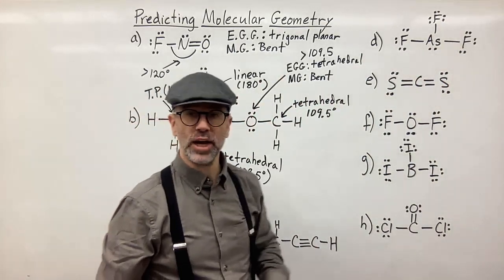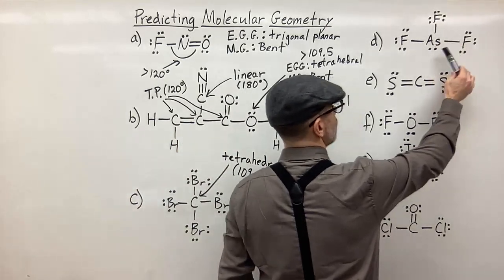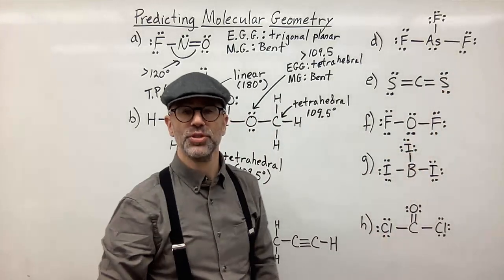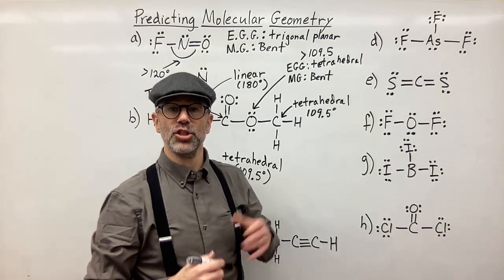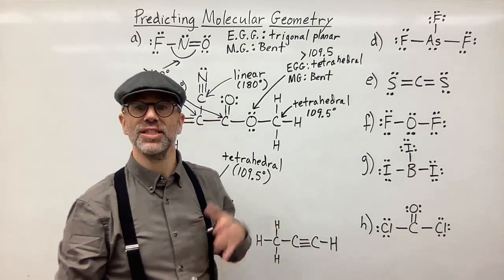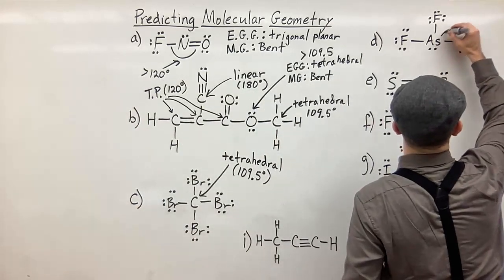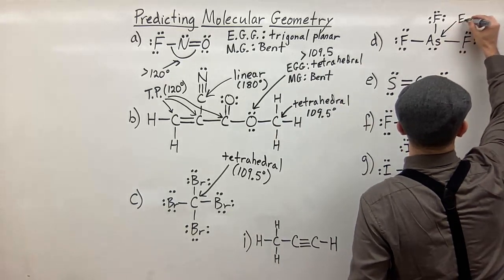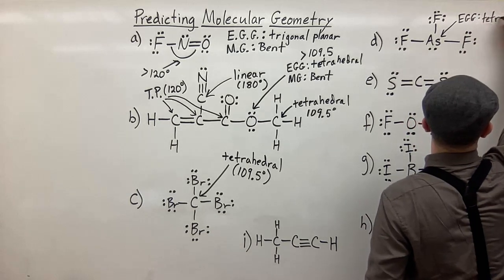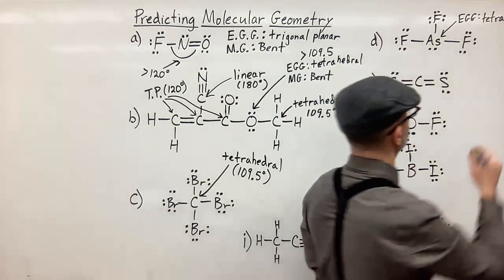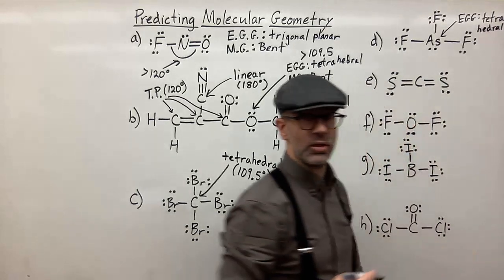Okay, so now that I've got the right Lewis dot structure here, you'll see here that I have 4 total electron groups. Again, if you have 4 total electron groups according to your chart, it should tell you that the electron group geometry is tetrahedral. So the electron group geometry, the EGG, is tetrahedral.